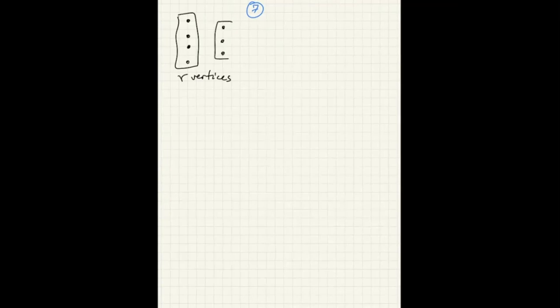So let's look at some more examples. Let's say we have R vertices here to the left, and let's say we have S vertices to the right.